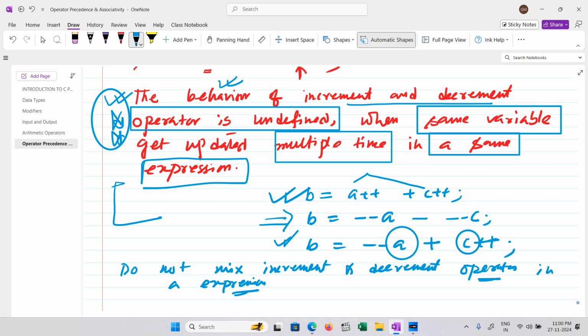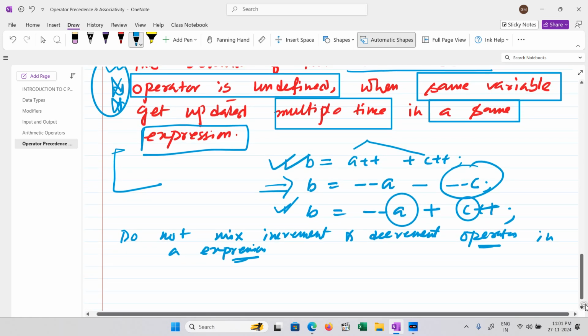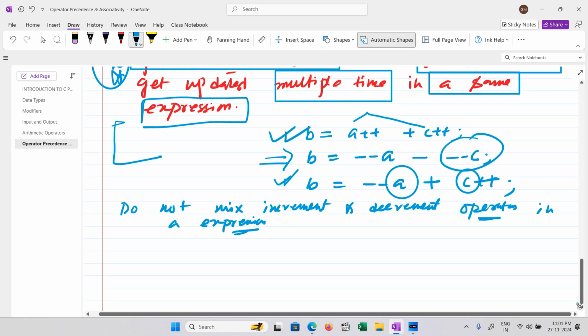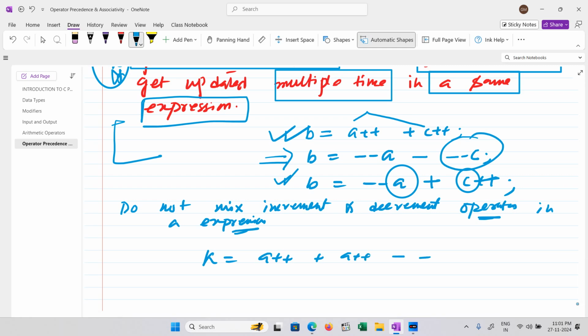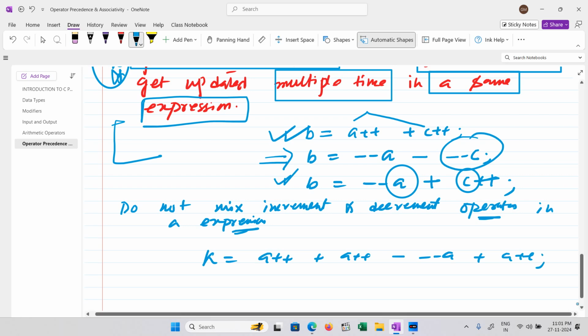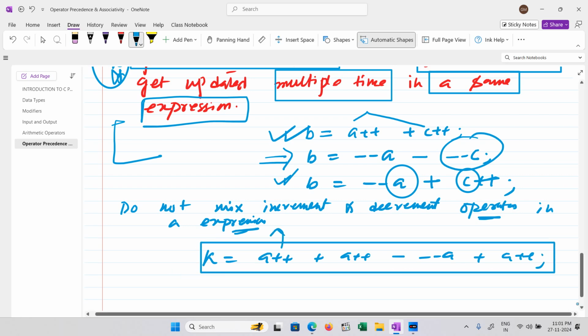If I take an example here, suppose you need to calculate this a plus plus plus a plus plus again minus minus minus a plus plus. Calculate this one separately, calculate this below separately, calculate this below separately. You know which part you want to evaluate first.